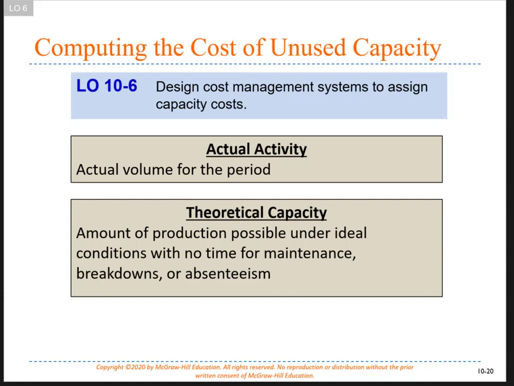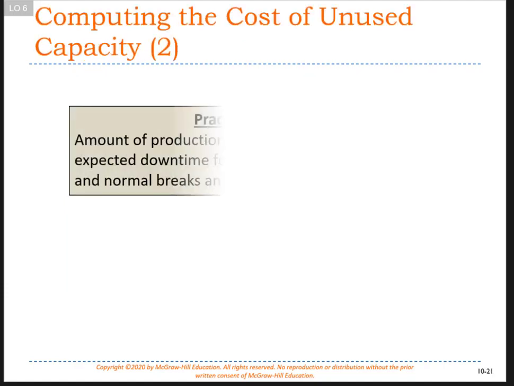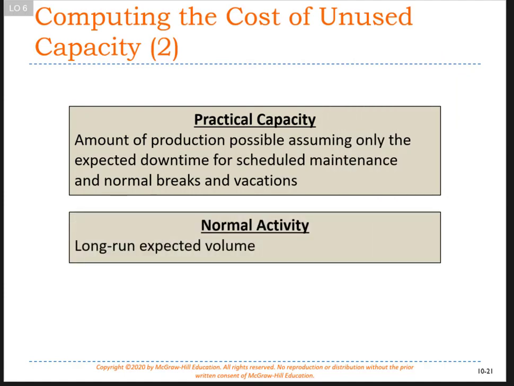While it might be something to keep in the back of our head, it's not very useful in managing because it's never going to happen. More helpful probably is either practical or normal, or looking at some comparison of those two.